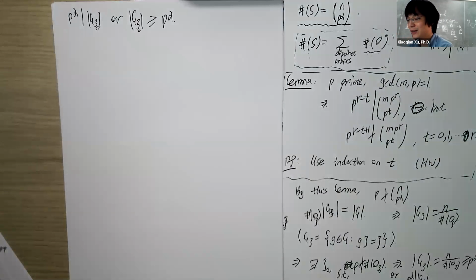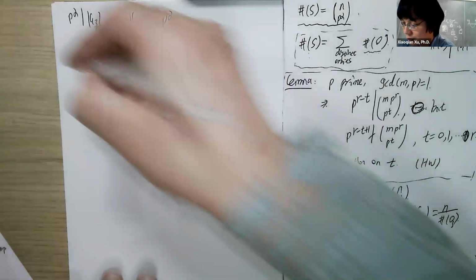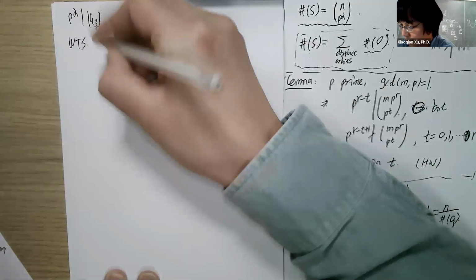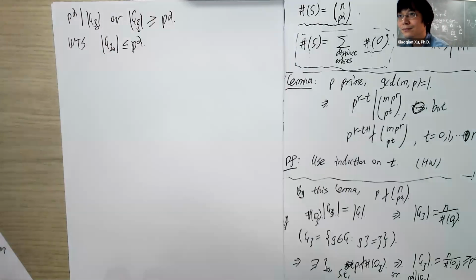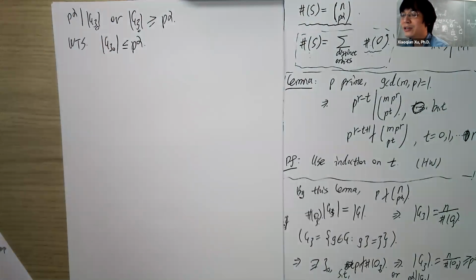Then if we can show that this GC0 is less than or equal to P to the alpha, then we are done, right? So now the problem is how we show GC0 is also less or equal to P to the alpha. How can we show this?